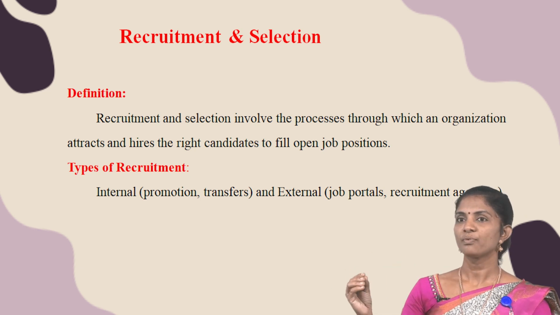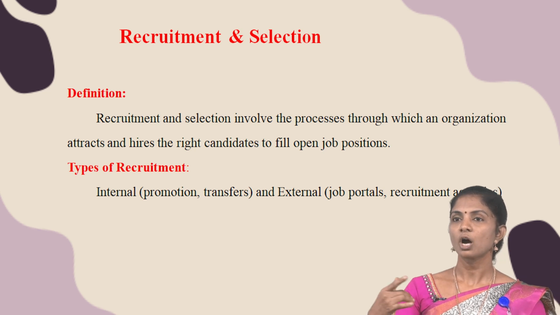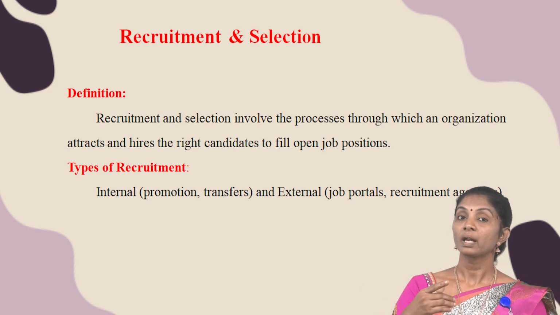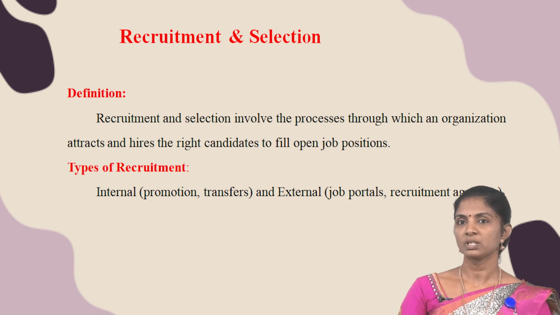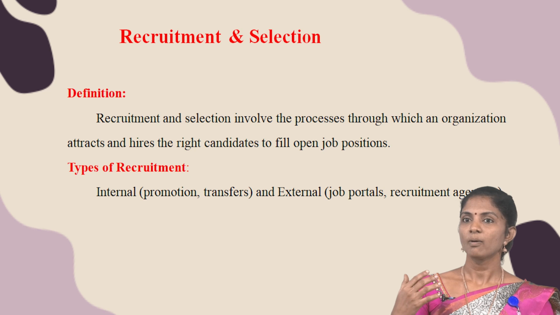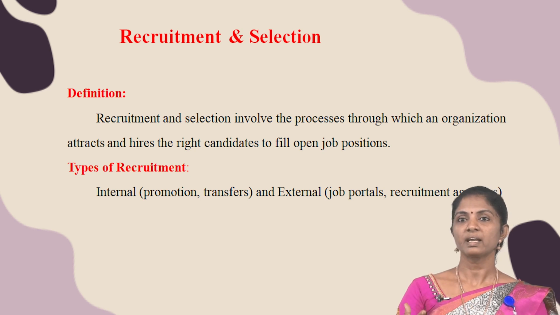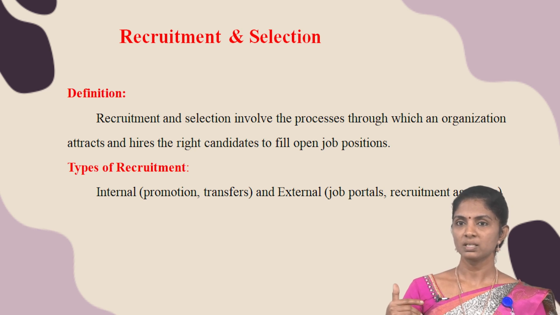The process of attracting potential candidates through job advertisements, recruitment agencies or internal job postings. It aims to generate qualified candidates. There are two types of recruitment. One is internal, another one is external.